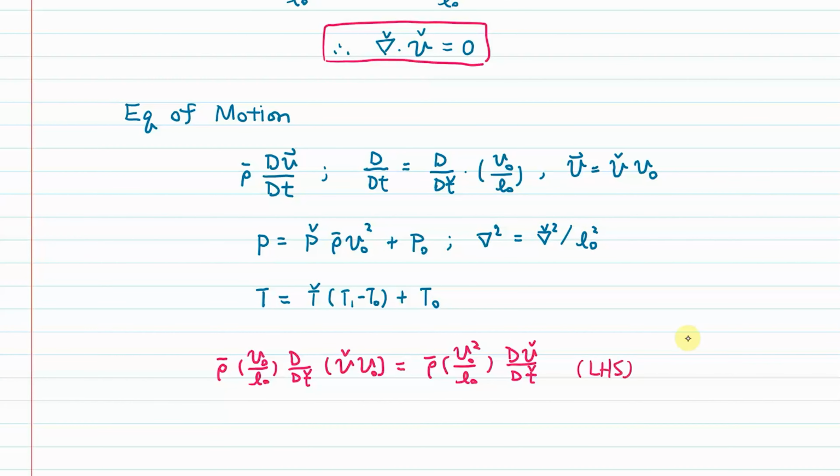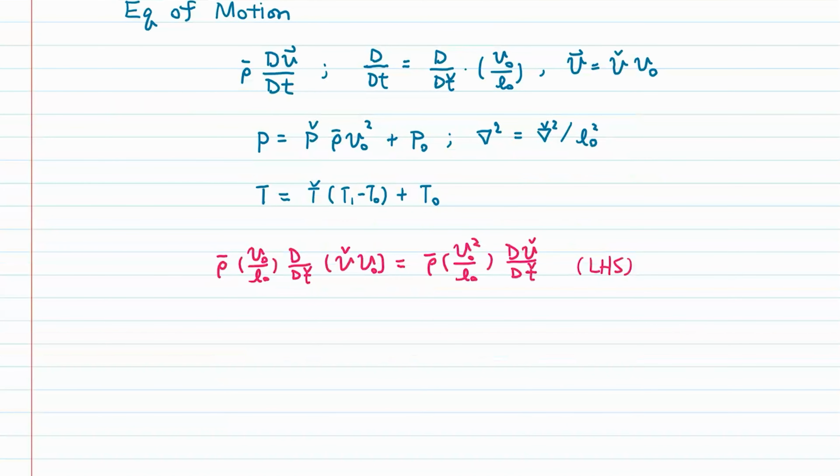So left-hand side. On the right-hand side, what we have now would be what? The first term would be the negative gradient. So the negative gradient would be negative, let's see, L naught over 1 times the gradient operator times the dimensionless pressure times rho bar V naught square plus P naught.